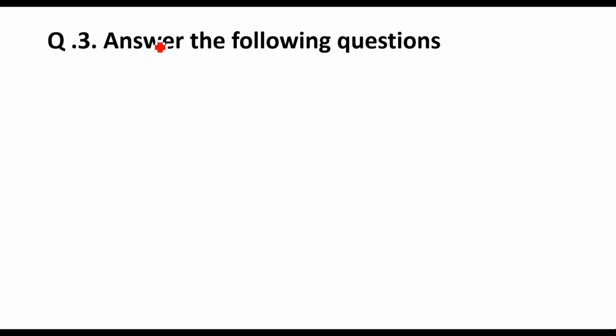Now move to question number 3. This question carries a total of 15 marks, and each question will carry 3 marks. So while writing the answer of this particular question, see that all answers must be scientific.